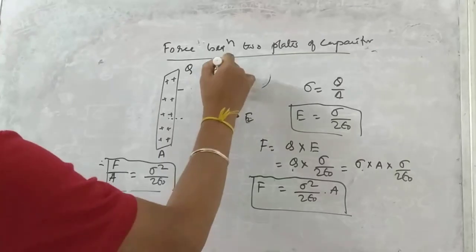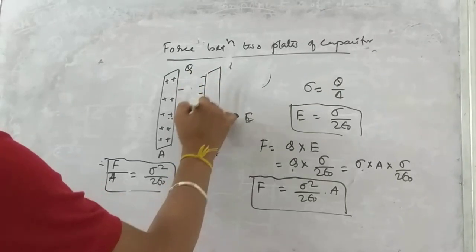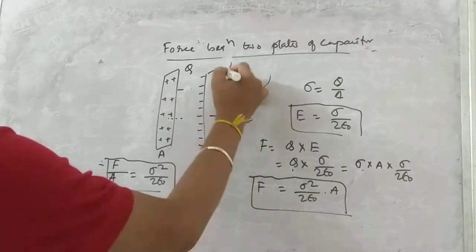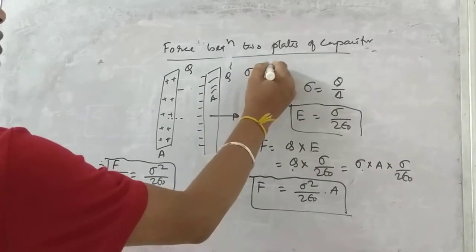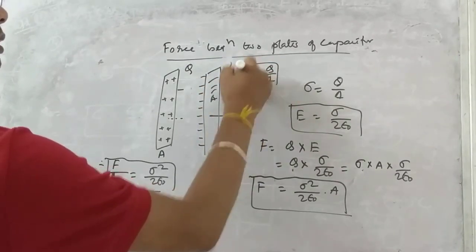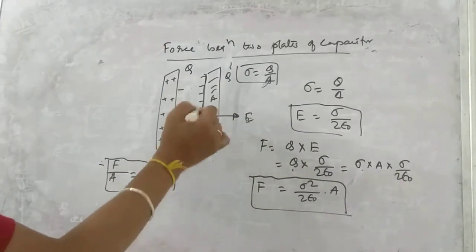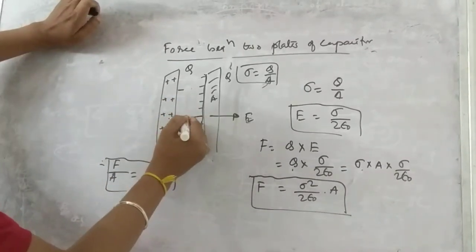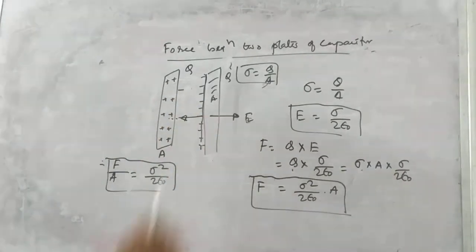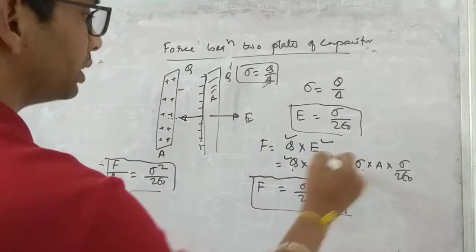Now we place another sheet of charge whose front face is charged by the same amount Q, and since the area is the same, sigma is also the same, Q by A. Since this is negatively charged, this negatively charged plate will be attracted by this positive plate towards itself, and the force is nothing but charge into electric field.